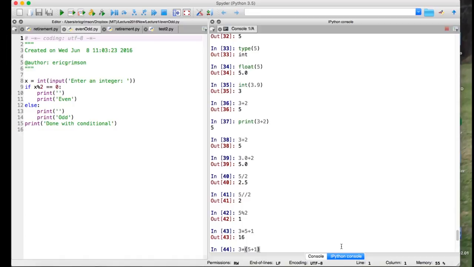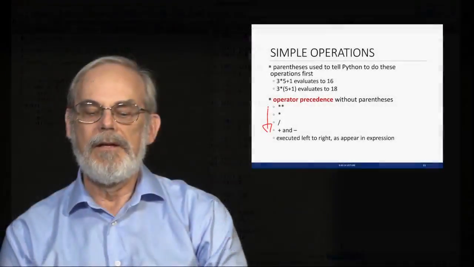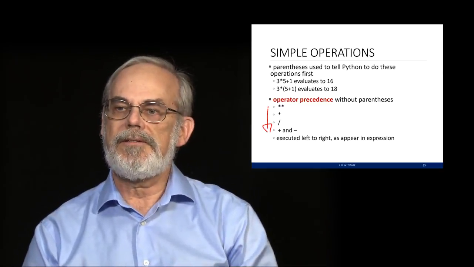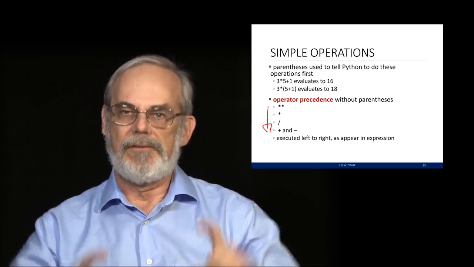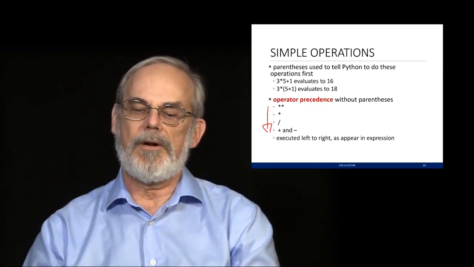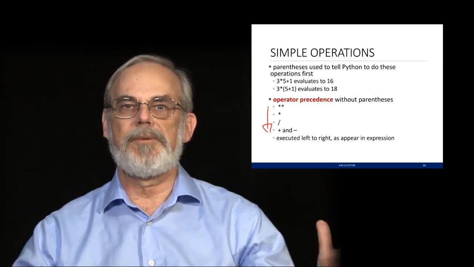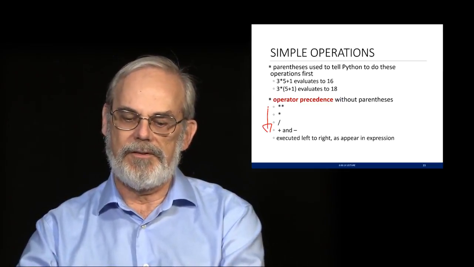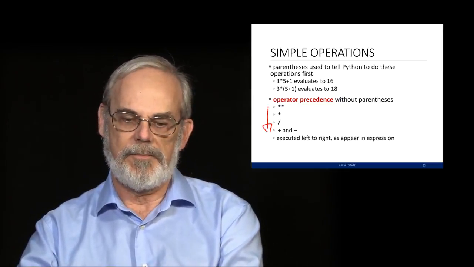Add 5 and 1. That gives me 6. And then do the multiplication, which gives me the 18. As a consequence, I can create very complicated expressions, and I will simply use parens, open and close, to define what operations to do first, always simplifying inside out before then using the operator precedence order in order to decide what the expression actually means.